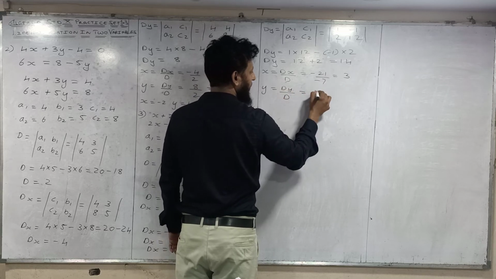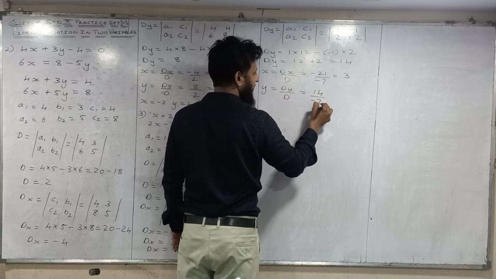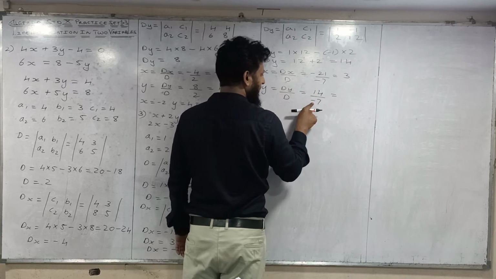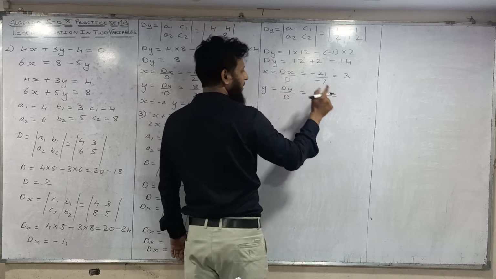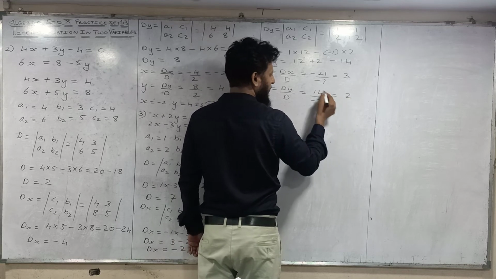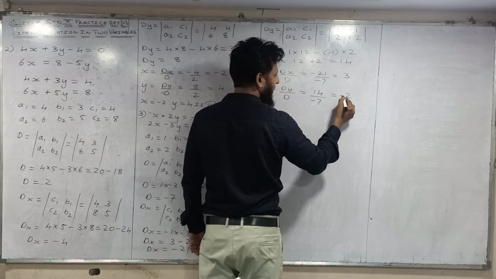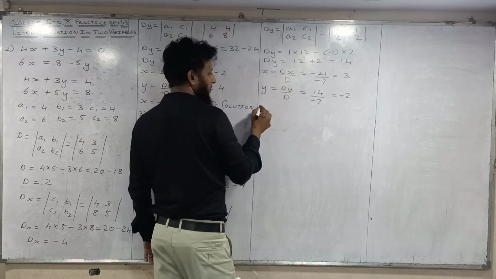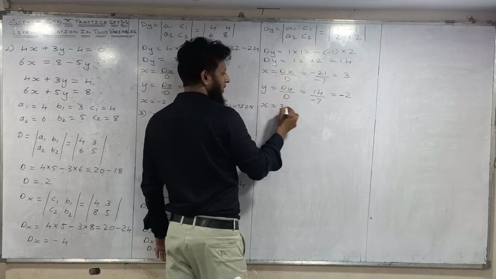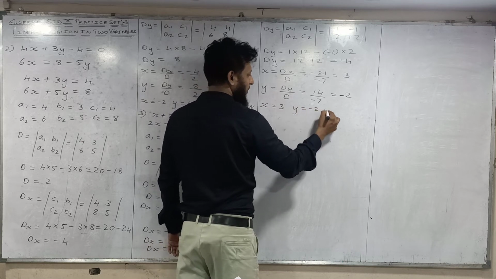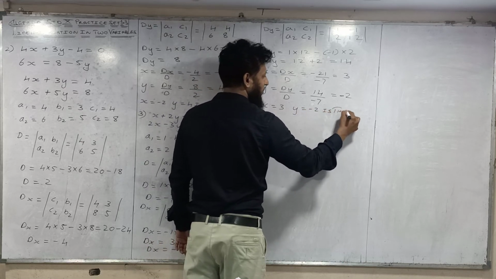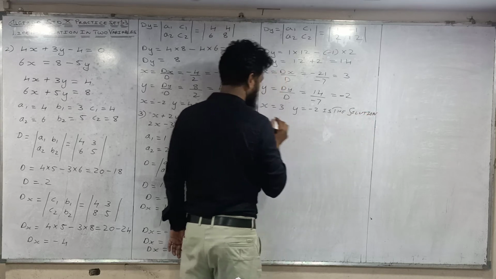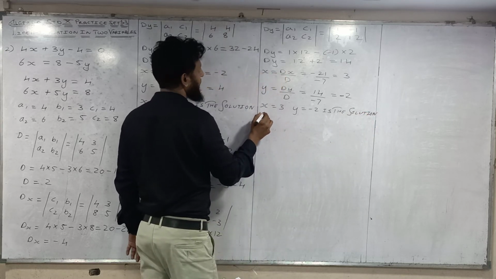So dy is 14 and d is minus 7. 7 2s are 14, and only one sign in the denominator will go to the numerator, so minus 2. The value of y is minus 2. So x is equal to 3, y is equal to minus 2 is the solution.